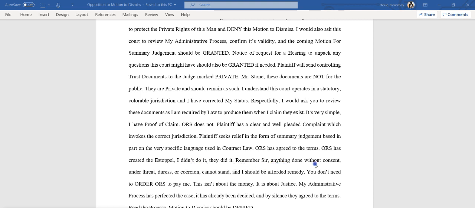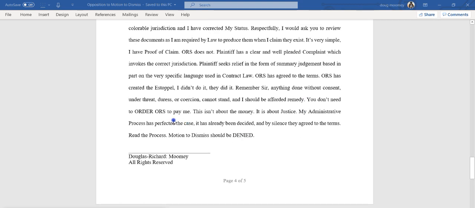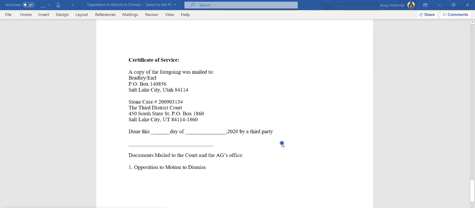Remember, anything done without consent, under threat, duress, or coercion cannot stand, and I should be afforded remedy. You don't need to order ORS to pay me. This isn't about the money. It's about justice. My administrative process has perfected the case. It has already been decided, and by silence, they agreed to the terms. Read the process. Motion to dismiss should be denied. Okay? And of course, certificate of service.